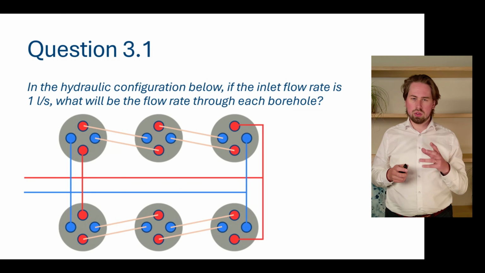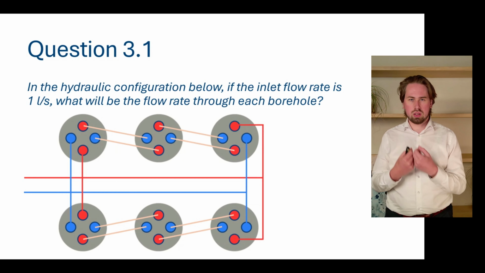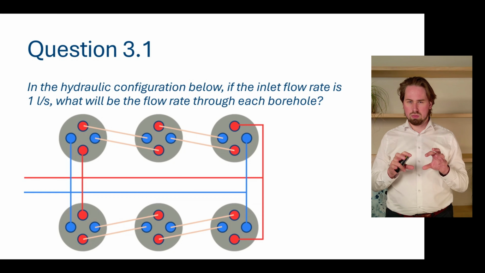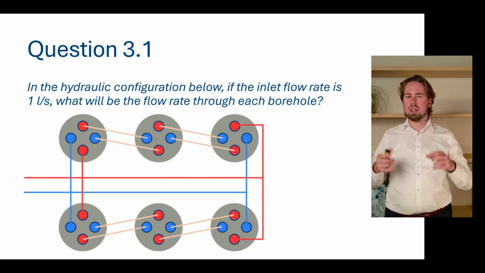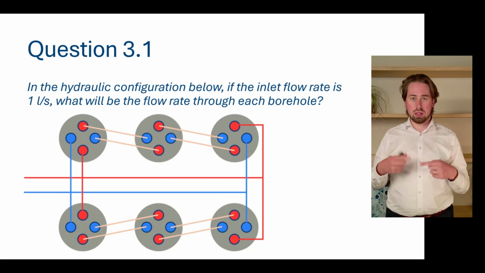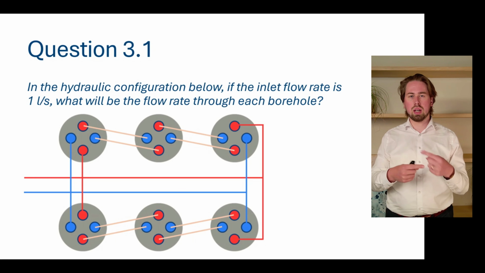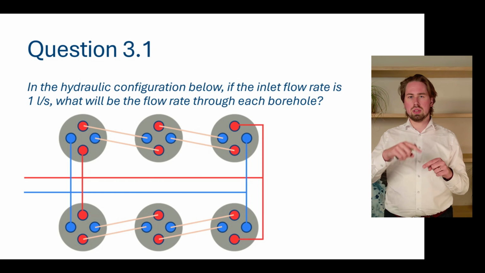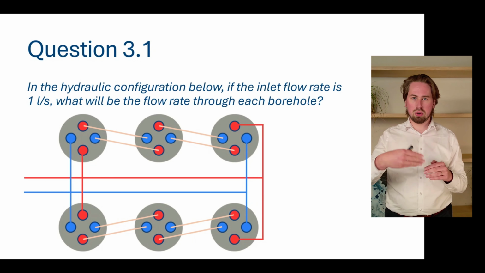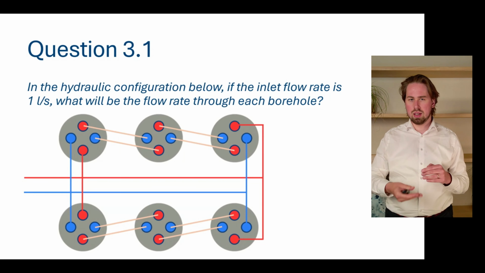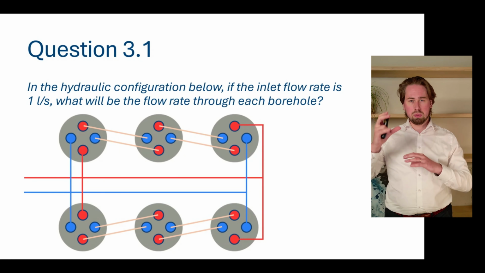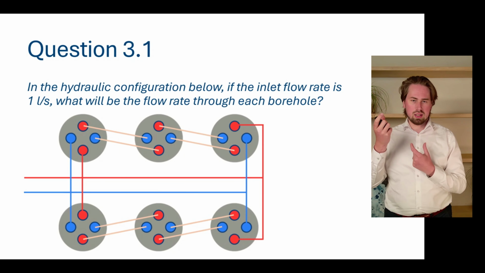Now, the way to look at this is to start at the lowest level. So we said, okay, we have here 3 boreholes connected in series, and we know that in series connected boreholes, every borehole has the same flow rate, because we go in one borehole, out into the next, and so forth. But this means that basically what we see here, we have 2 groups, 2 times the same flow rate.